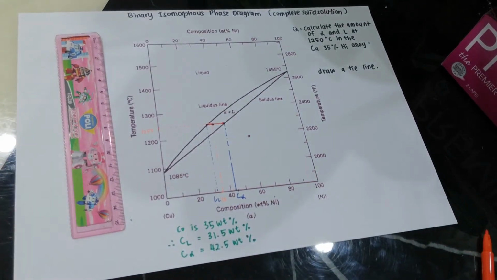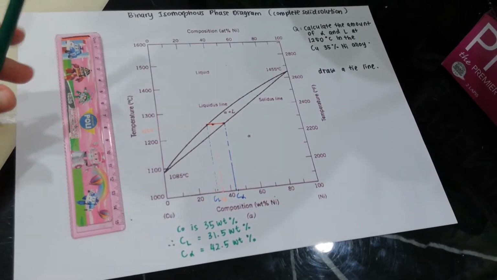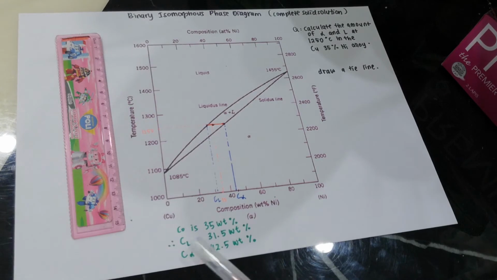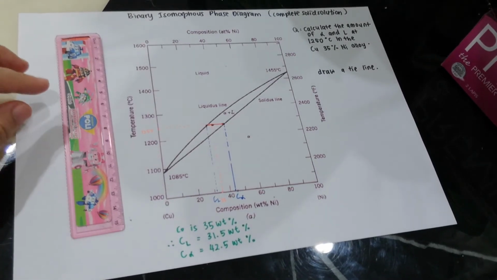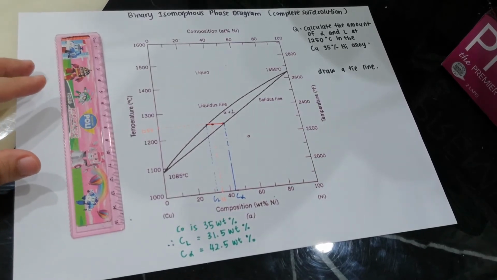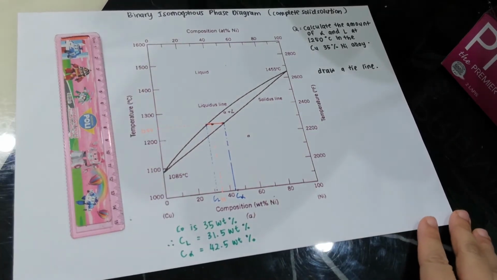Okay, in order for us to know how much solid and how much liquid is present in this two-phase region, since we already know the compositions here, we will calculate it using the formula that we have learned in the derivation of the lever rule just now.